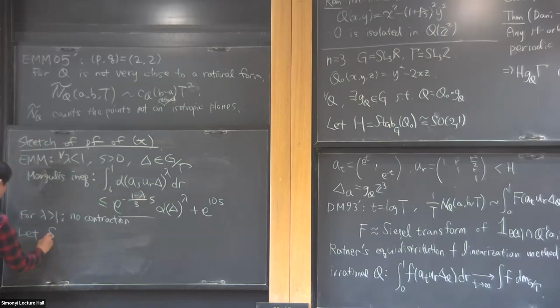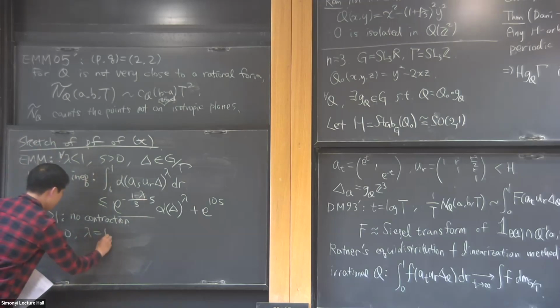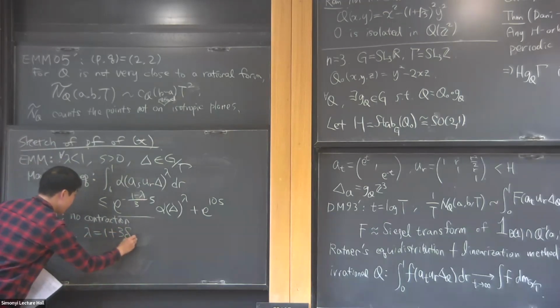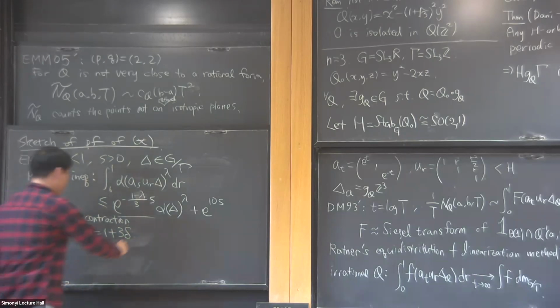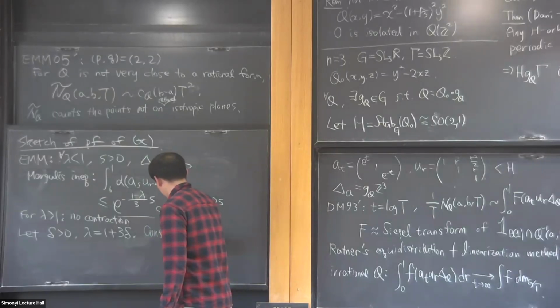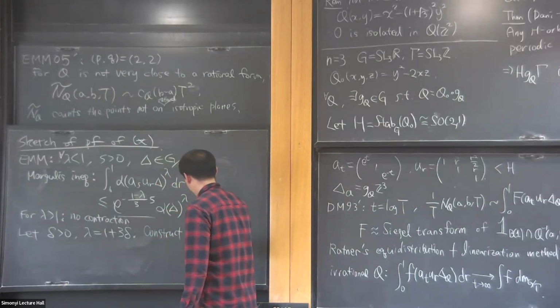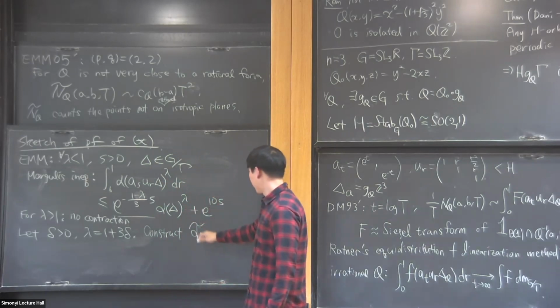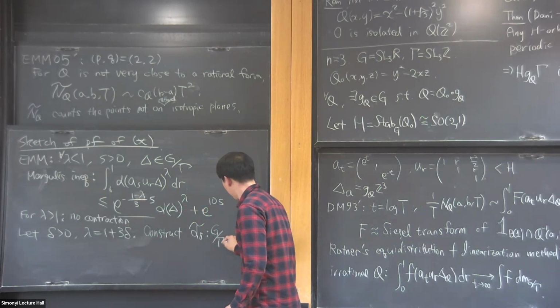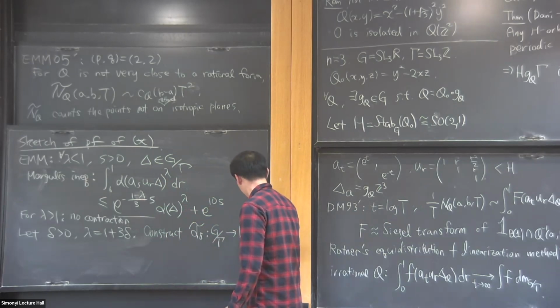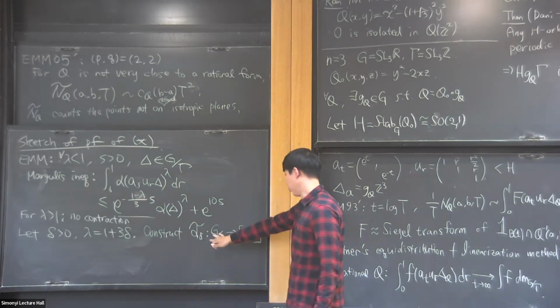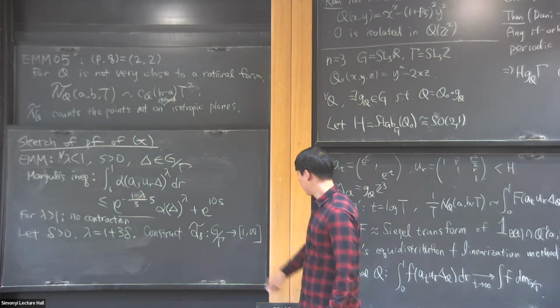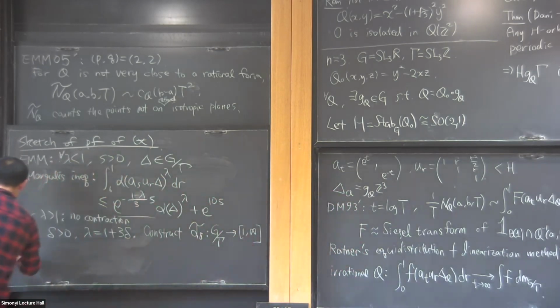So for small delta, I take lambda to be 1 plus 3 delta, and I'd like to construct a modified alpha function, call it alpha tilde, going from G mod gamma to 1 to infinity, such that it satisfies two properties.